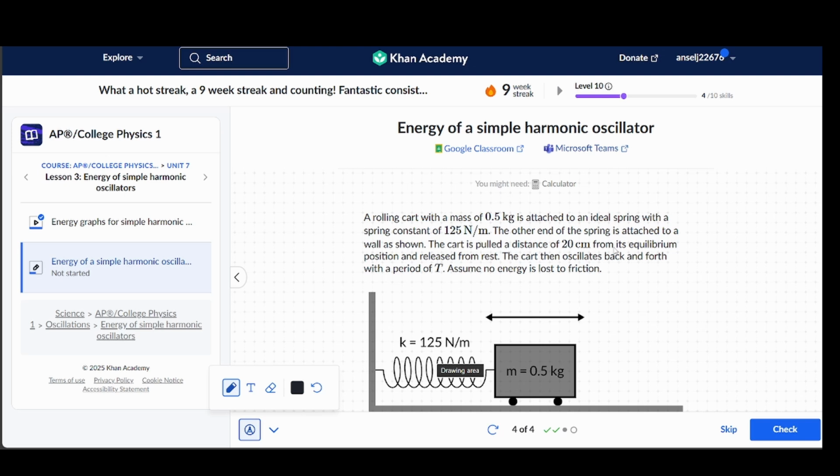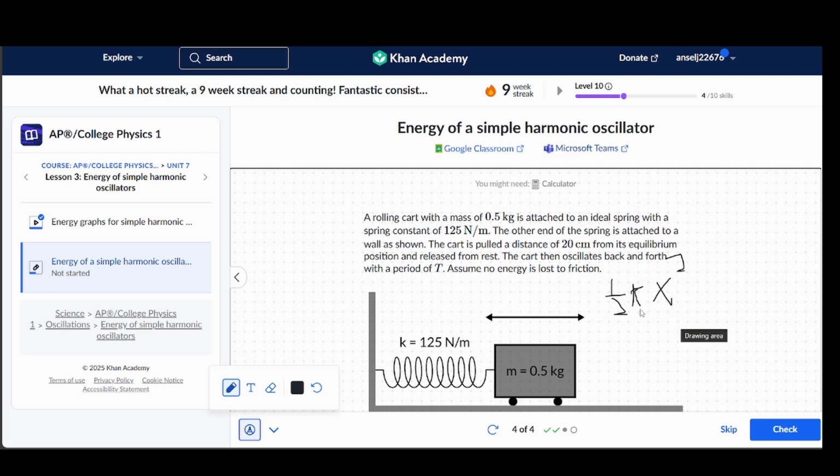A 0.5 kilogram mass is attached to an ideal spring. Okay. All we gotta do is just find the stuff. And that equation is 1/2 kx squared. Oh yeah, I almost fell for this one time.